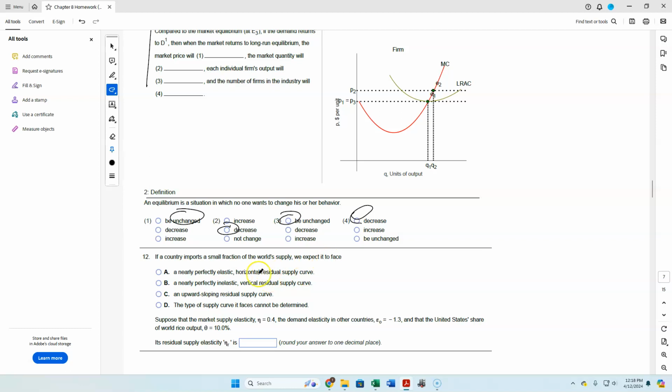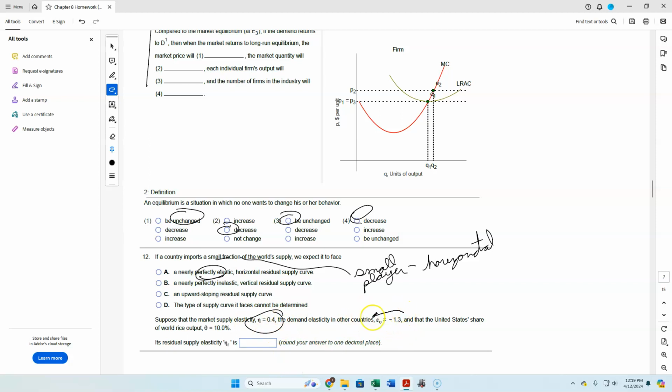Well, because it's such a small player, its supply is going to be relatively horizontal because it's such a small producer. But whatever this product is going to be perfectly elastic because it is such a small fraction, such that anything that they change isn't going to really affect the overall supply function. The market supply here is 0.4.